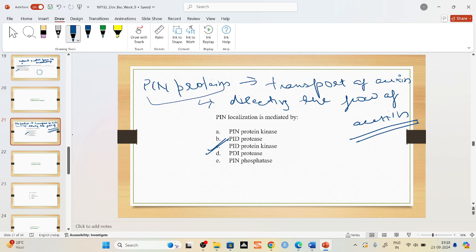Now the localization of these PIN proteins is mediated through PID protein kinase, which are PIN-formed interactor kinases. These PID protein kinases help in positioning the PIN proteins correctly within the cell. Okay. So I'm just writing it for your own convenience.